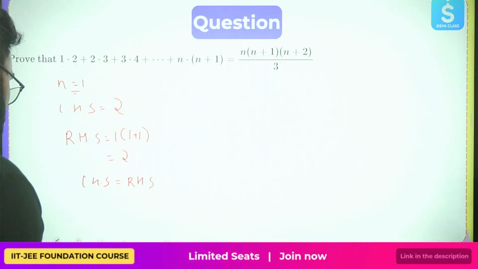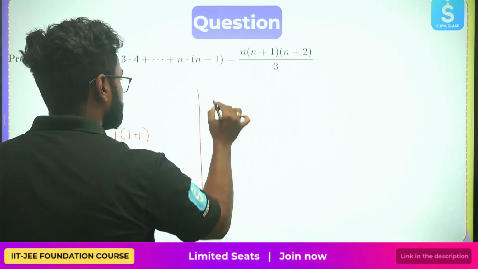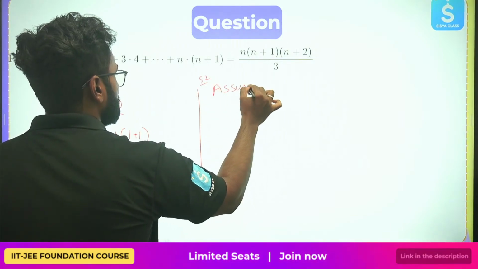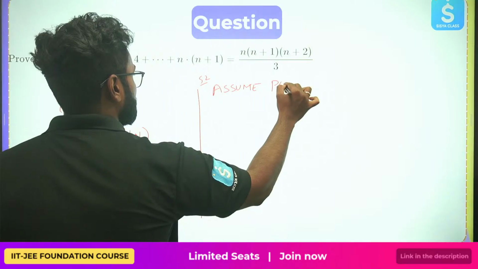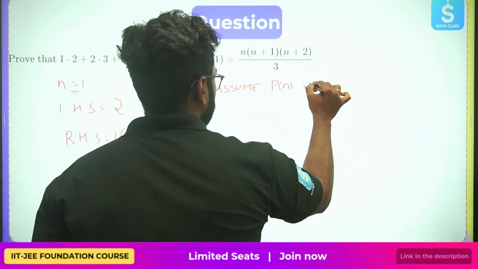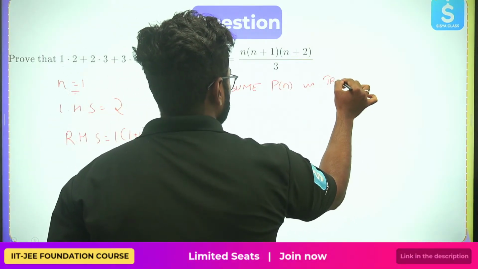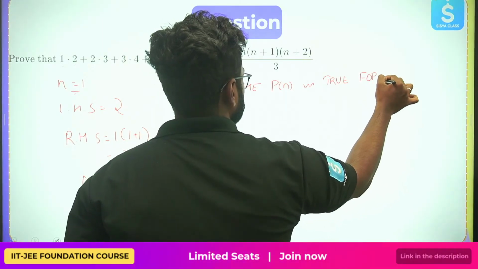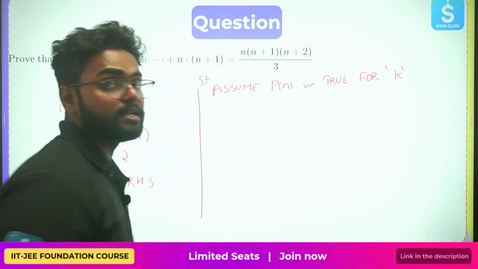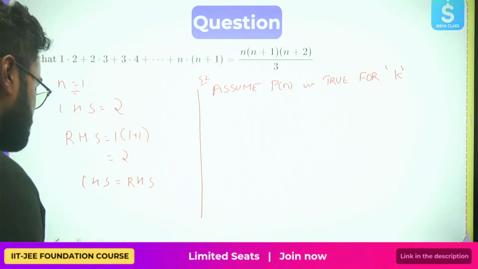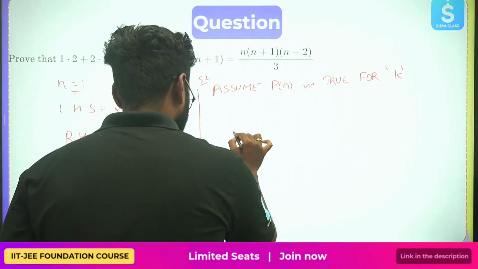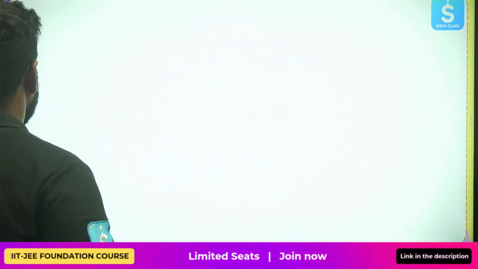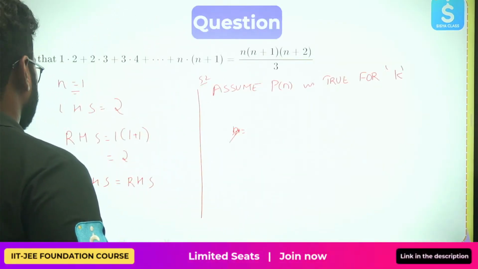The next step would be assume P of n is true for k. When we are assuming this is true for k, the next step would be n is equals to k plus 1.